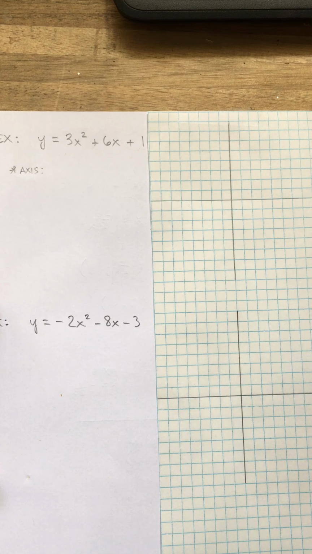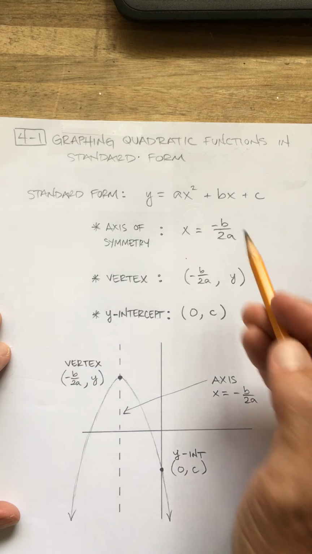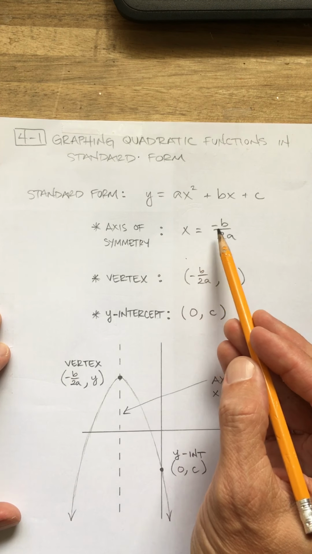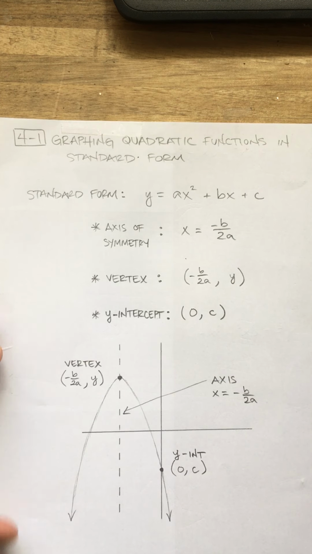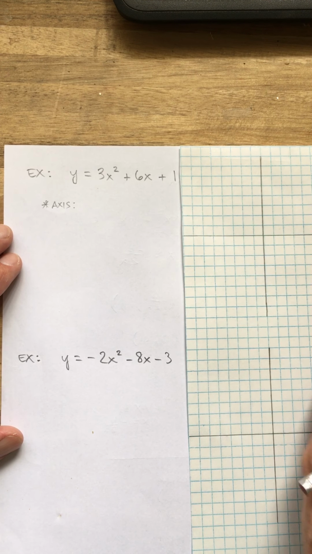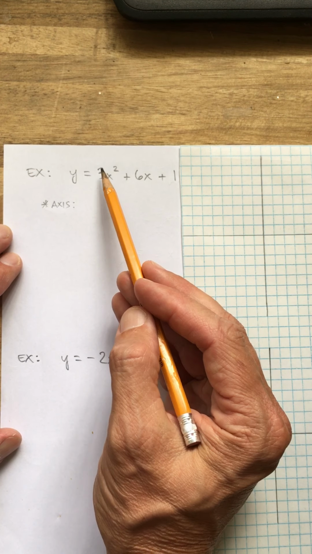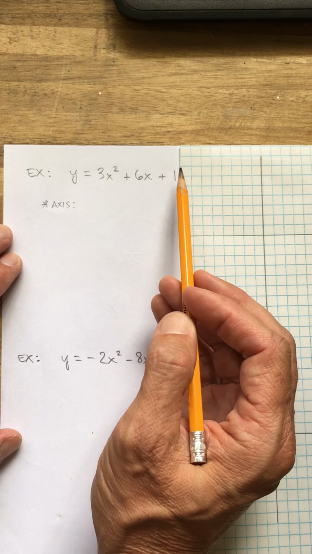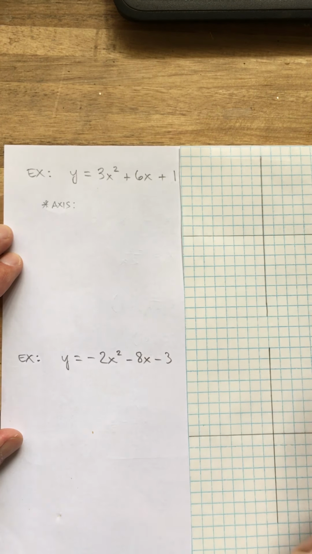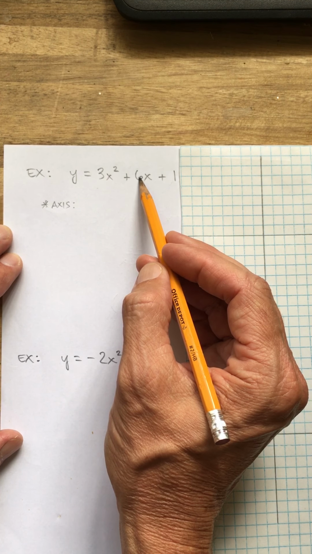If you remember from the other side here, watch, I'll show you. The axis of symmetry is x equals negative b over 2a. Remember, this is your a, this is your b, and this is your c. So negative b is going to be negative 6.